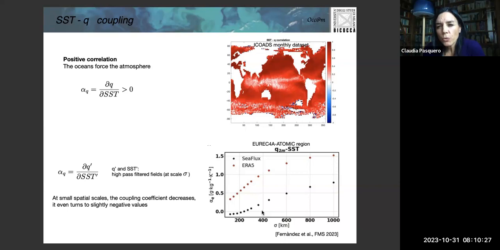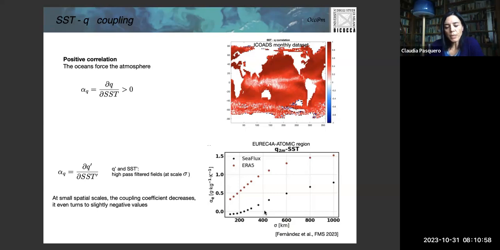If we simply look at the raw data at the large scale, clearly there is a positive correlation between sea surface temperature and moisture. Clearly, at large scale, a warm ocean leads to larger moisture content in the atmosphere. No surprises in that sense.